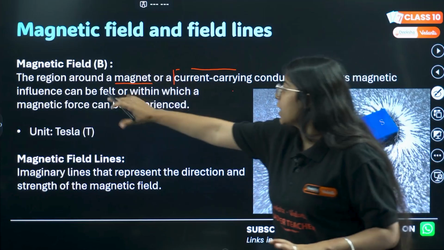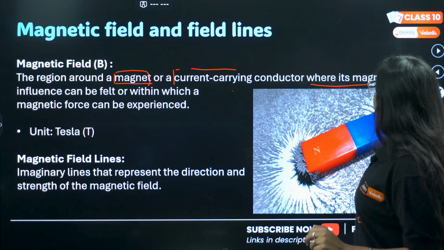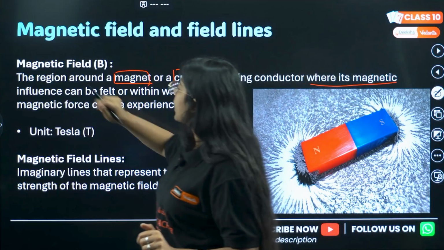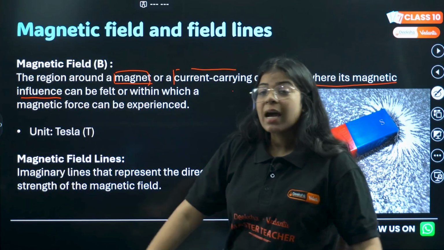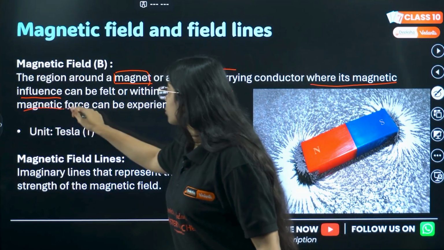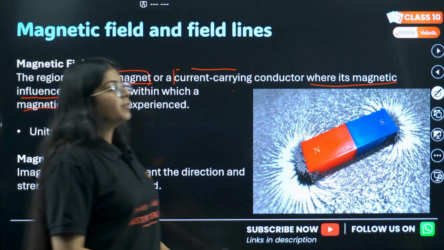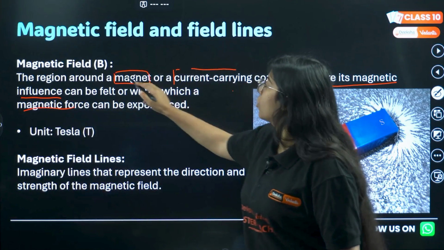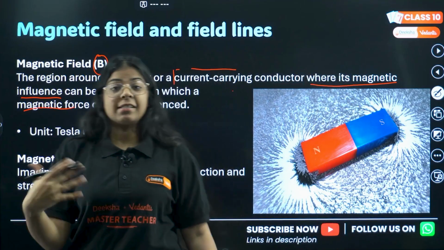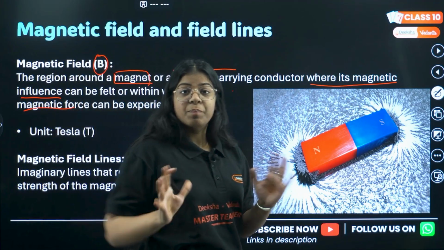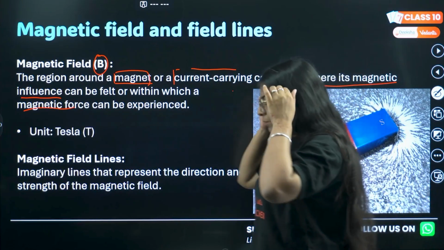So the region around a magnet or a current carrying conductor where its magnetic influence can be felt, or the area within which a magnetic force can be experienced, is called the magnetic field, and we represent it by this symbol called B. Now we know that the unit of magnetic field is Tesla, named after our very own brilliant scientist Nikola Tesla. Now the next topic is magnetic field lines.